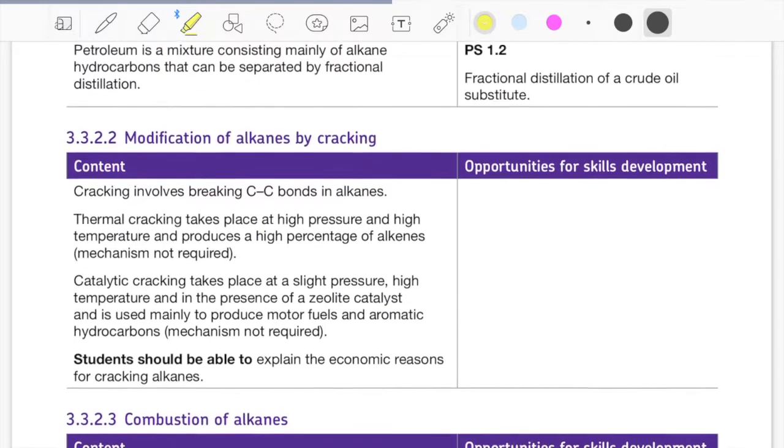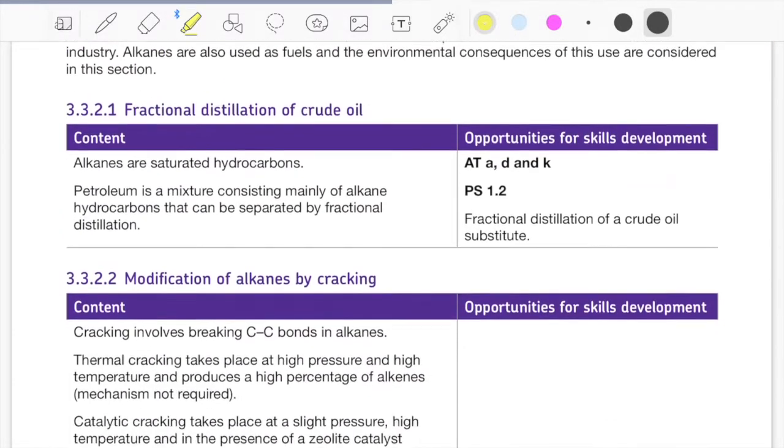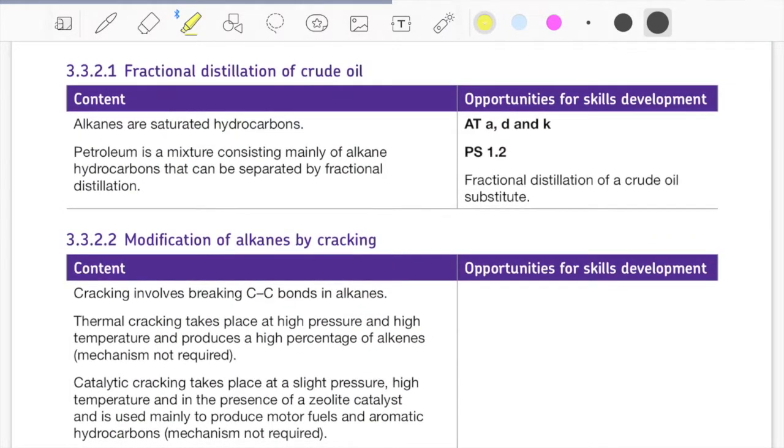The new bits, for example, are understanding the reasons why the different alkanes have different boiling points, which is the way we can separate them. That's probably more likely to be the area where you're going to get assessed. But we're going to look at each of them in turn.